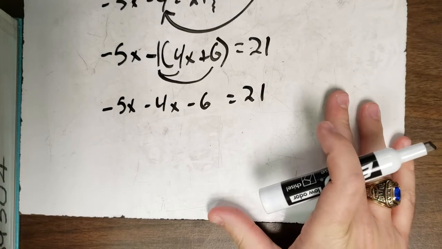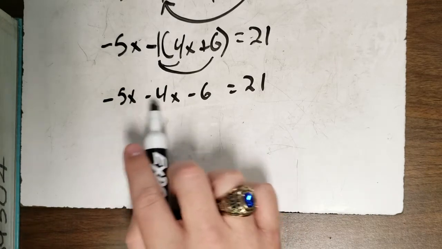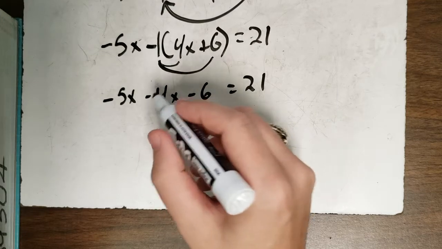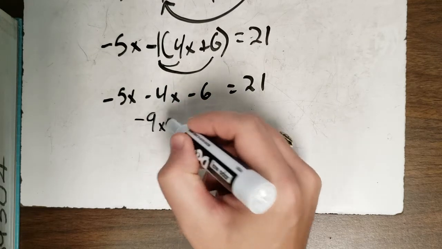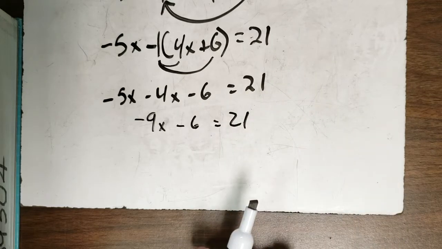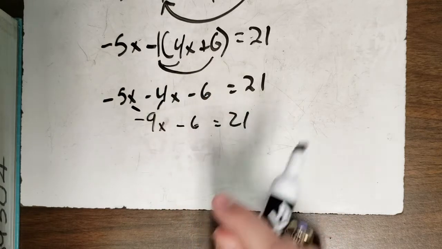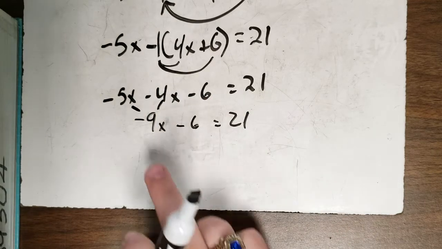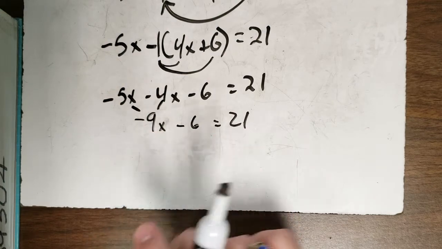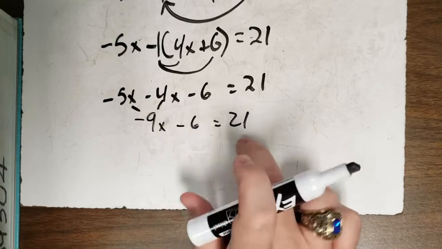Next step, combine our like terms. Negative 5x minus 4x, when you combine that, gives us negative 9x. Bring down negative 6, bring down our 21. Okay. Next step. We have negative 9x minus 6 equals 21. Because we have this negative 6 here, we have to move this first to this side.